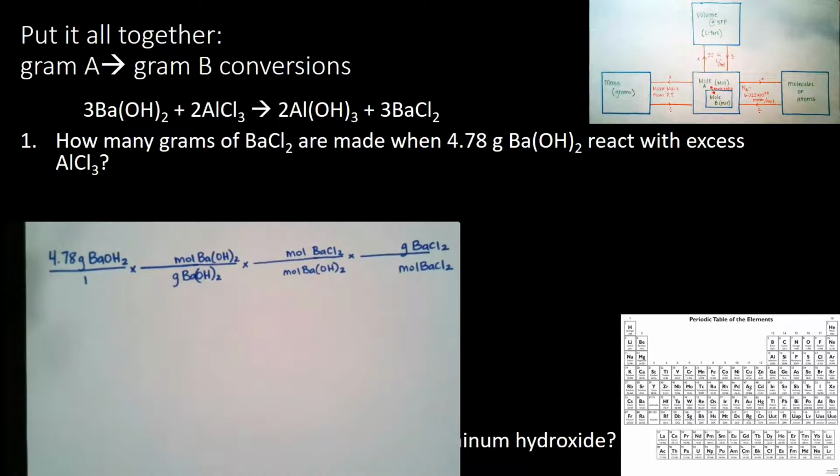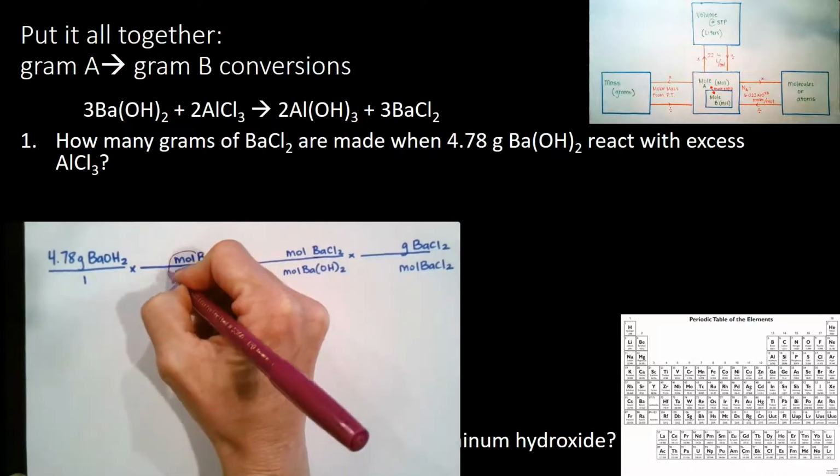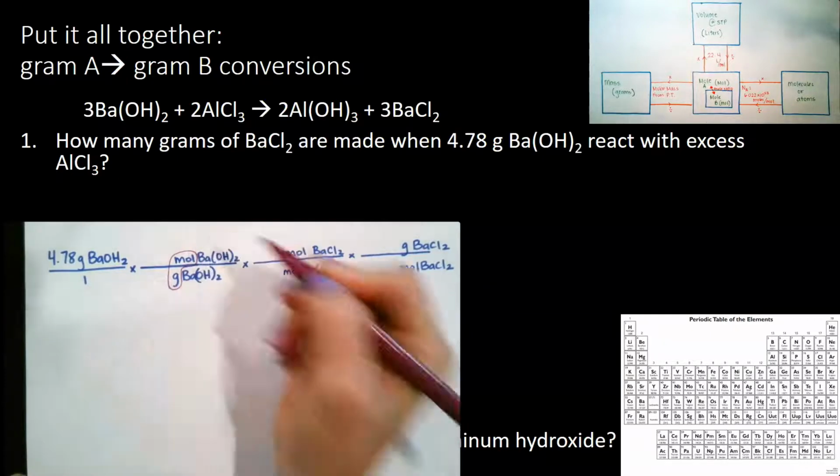Once I have created this list, now I need to start filling in my conversion factors. In my first fraction, I see moles over grams, and my "of what" is the same.